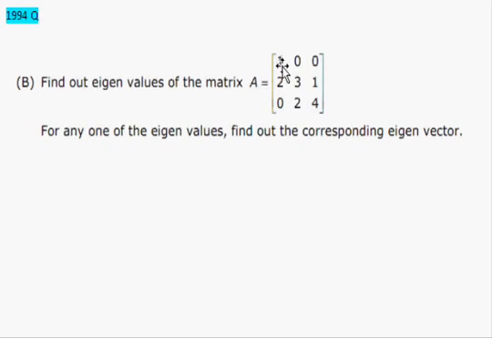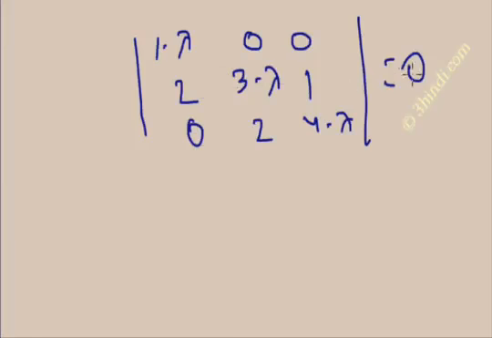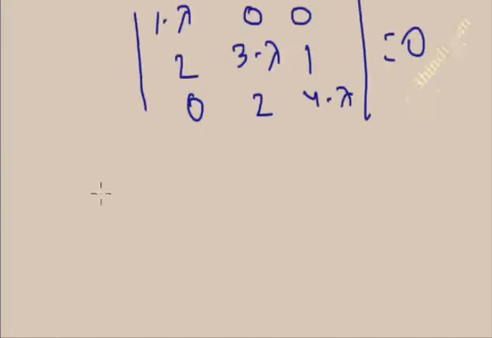To find the eigenvalues, I subtract lambda from the diagonal and the determinant will be equal to 0. This is the characteristic equation. You have to solve it to find the values of lambda, meaning the eigenvalues.